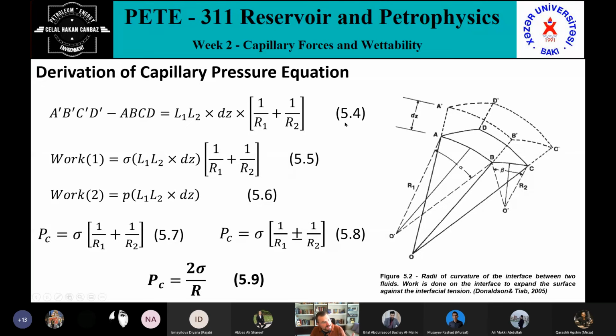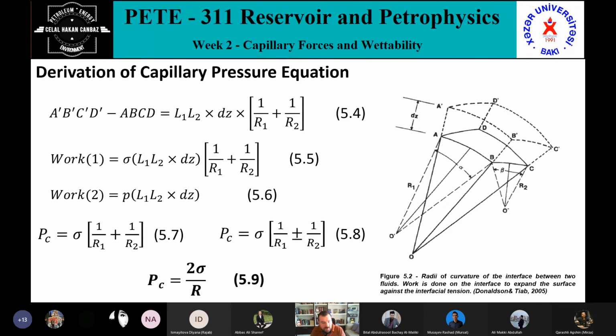So this is given as equation 5.4: L1 L2 times dz times (1/R1 + 1/R2). Okay, if we talk about the works, the isothermal work required to expand the area against the surface tension is given in 5.5.